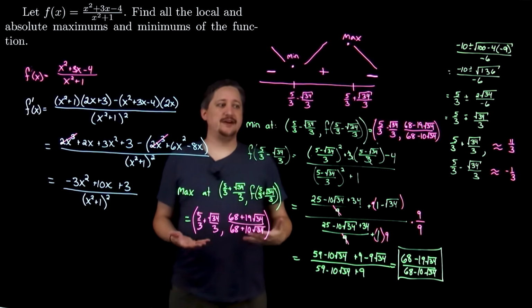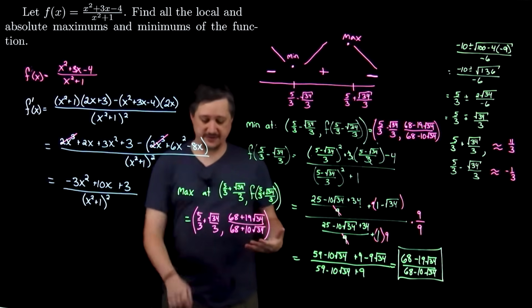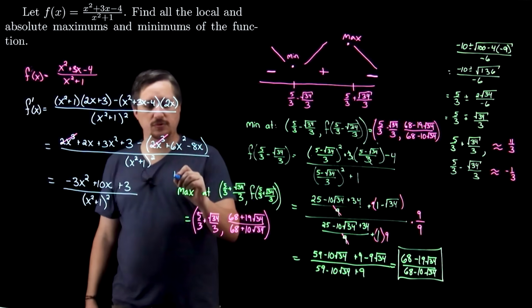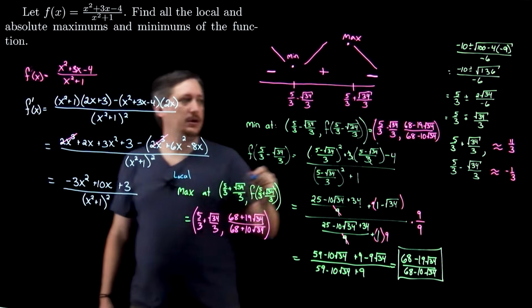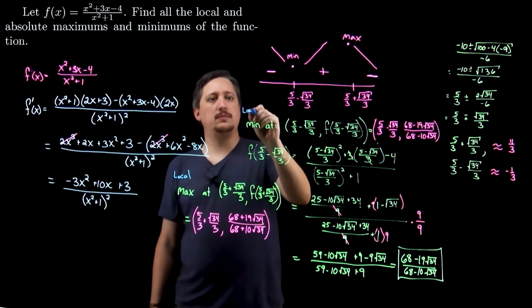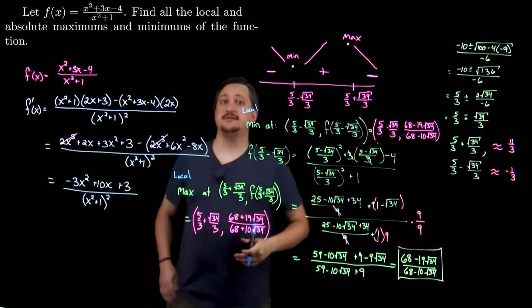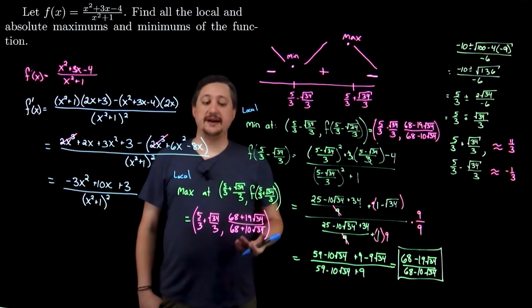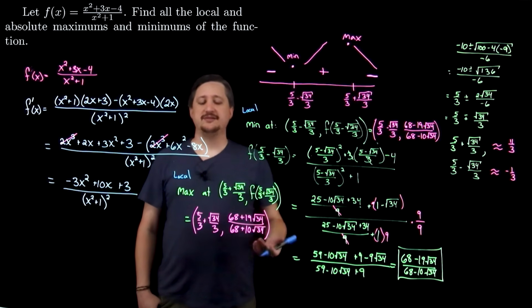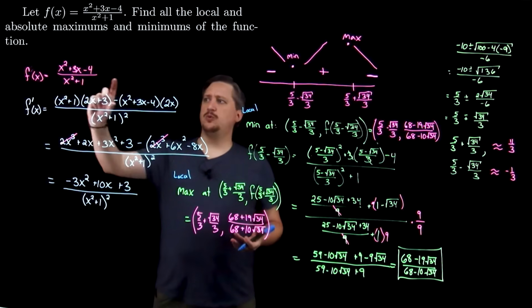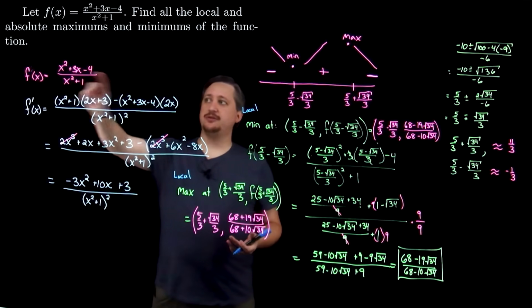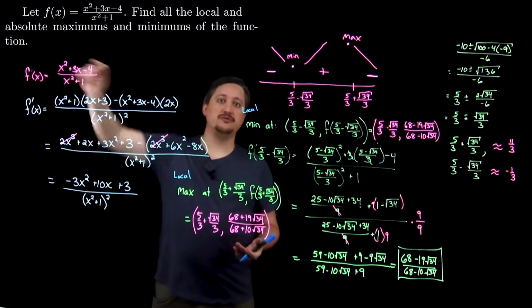Now, these things that I found are local mins and maxes, right? So this is a local min, and this is a local max. And we want to know, are these absolute mins and maxes? To find out if they're absolute mins or maxes, we need to know what's happening with the original function.